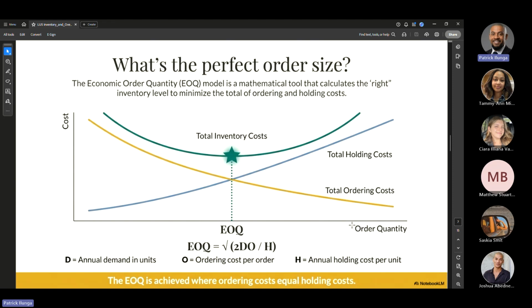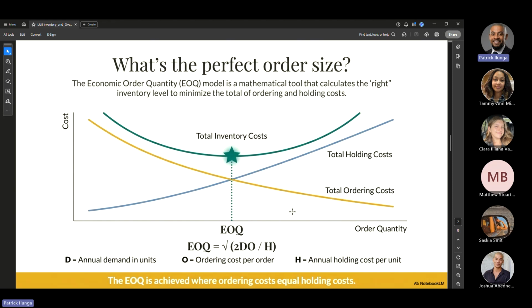So if we order 20 times a year, or 30 times a year, or 50 times a year, guess what? Our costs shoot to the roof. So you need to look at the size of what you're ordering. If you're ordering big at one point, your ordering cost is reduced.